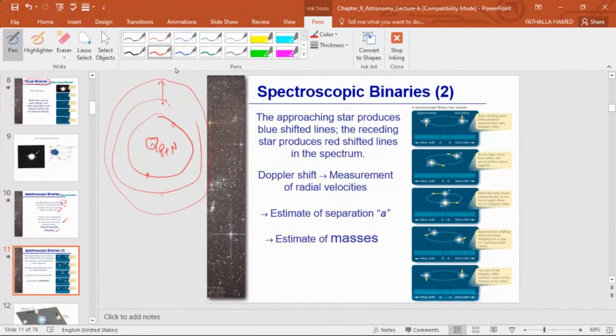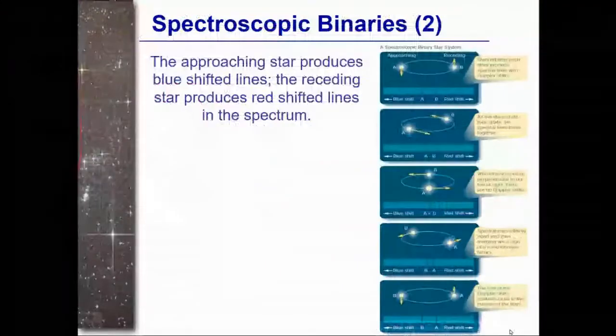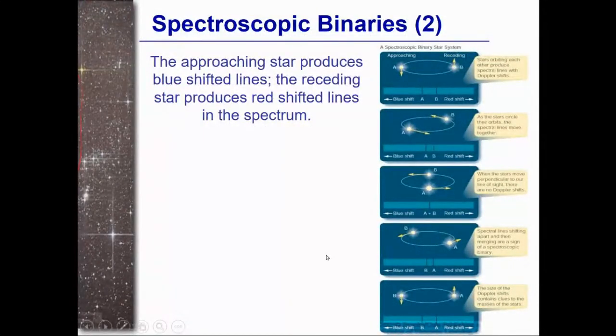So now you usually look at the blue and red. I think I told you in chapter number 6 about the Doppler shift, and I told you when the star is approaching, the wavelength will come toward short wavelengths, and we call that blue shift.